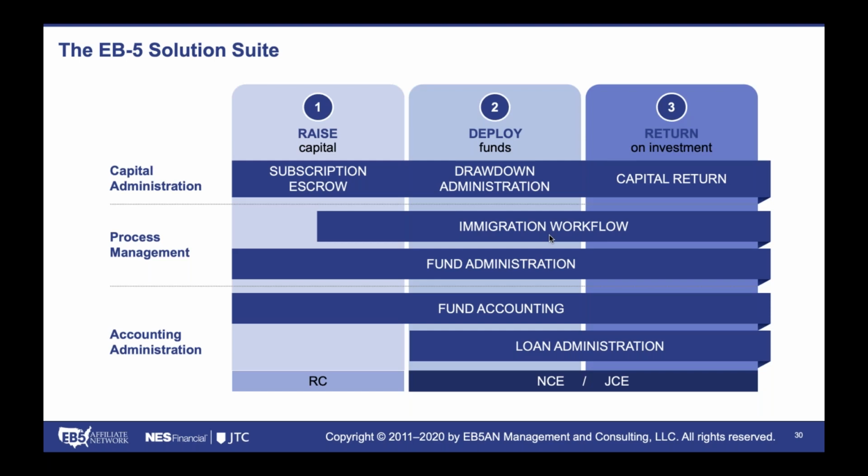Most EB5 investments are set up as loans, and so there's a loan administration component to it as well. And so we've developed solutions for all of these different areas. We haven't talked a lot about escrow, and I'll talk about that more in a second, but the escrow component is a lot more complicated than it might seem in other circumstances. So let's jump into the next slide, please.